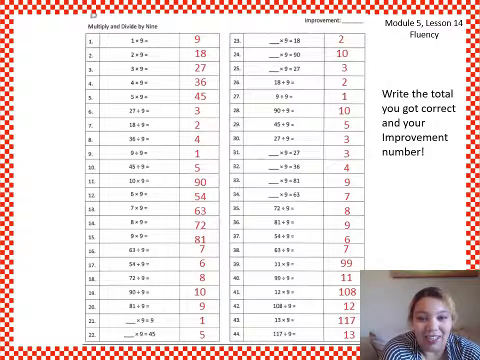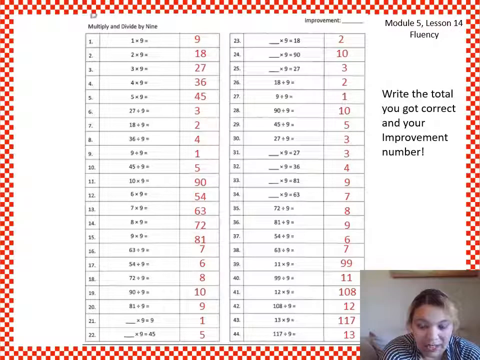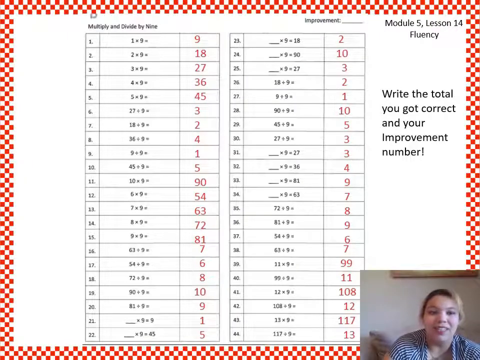Ready? 9, 18, 27, 36, 45, 3, 2, 4, 1, 5, 90, 54, 63, 72, 81, 7, 6, 8, 10, 9, 1, 5, 2, 10, 3, 2, 1, 10, 5, 3, 3, 4, 9, 7, 8, 9, 6, 7, 99, 11, 108, 12, 117, and 13.